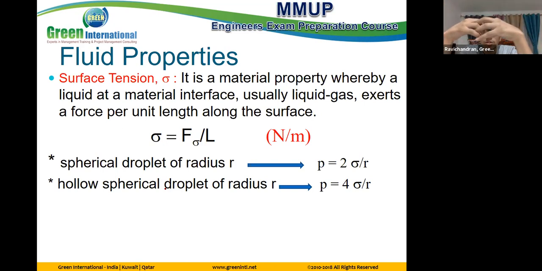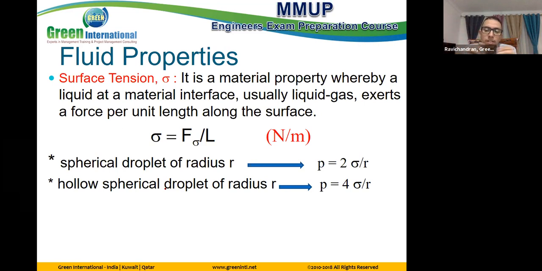These forces between the molecules create the surface of the fluid, and this surface has a value called surface tension.